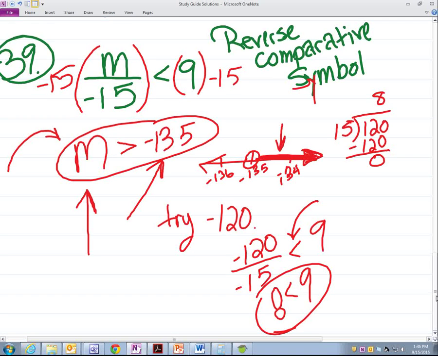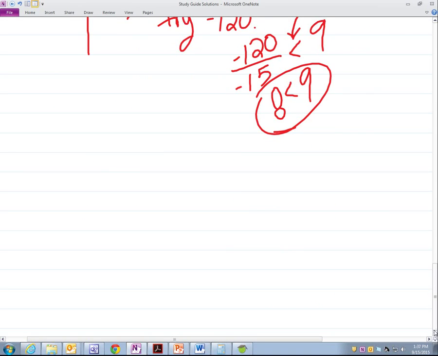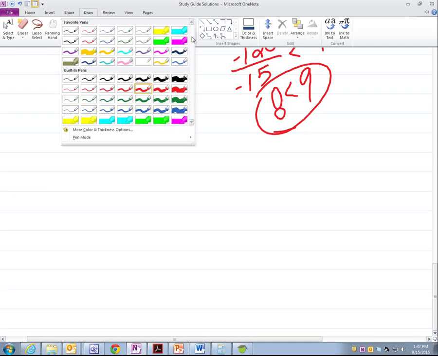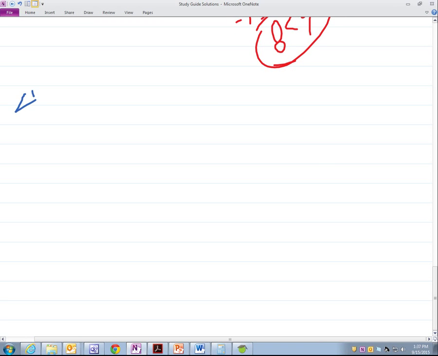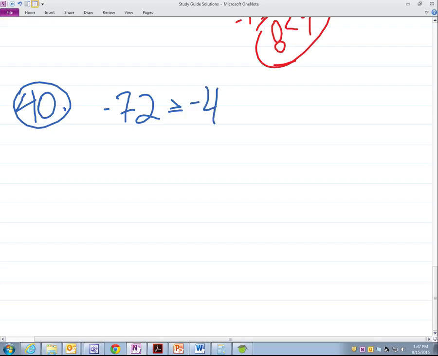Okay, let's do number 40. Negative 72 is greater than or equal to, is it 4K? Yeah, negative 4K.